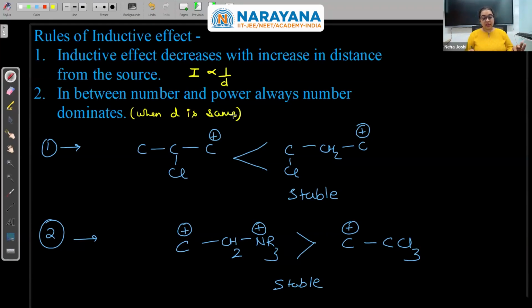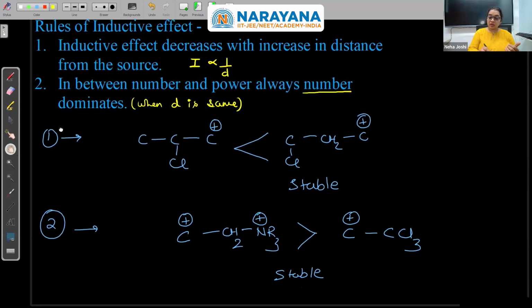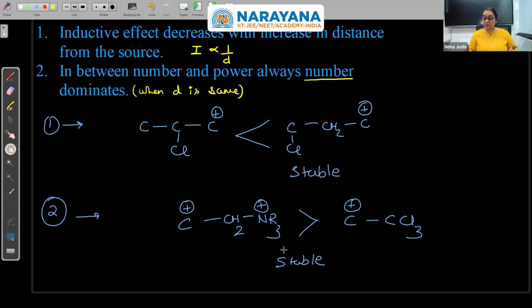If the distance is the same and there is a comparison between number and power, then always number dominates. Whether the group is weaker or stronger, between number and power, it is always number that dominates.